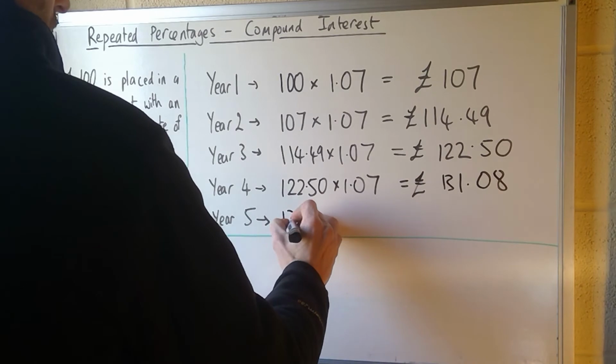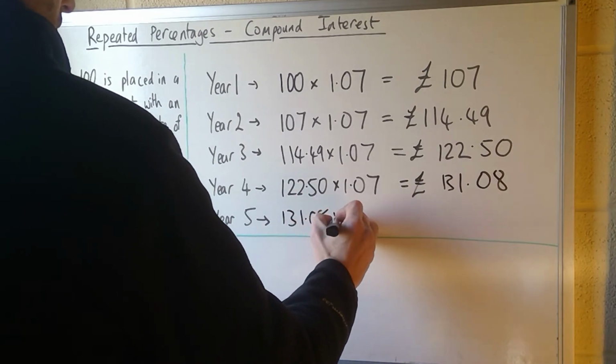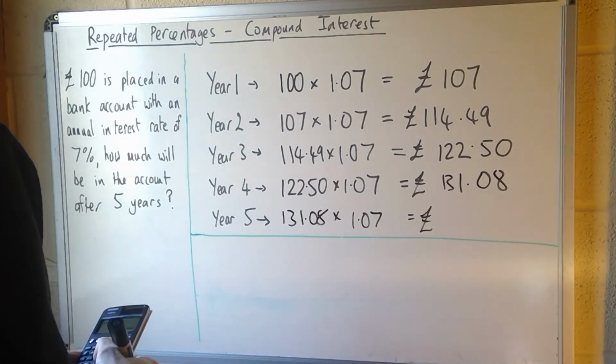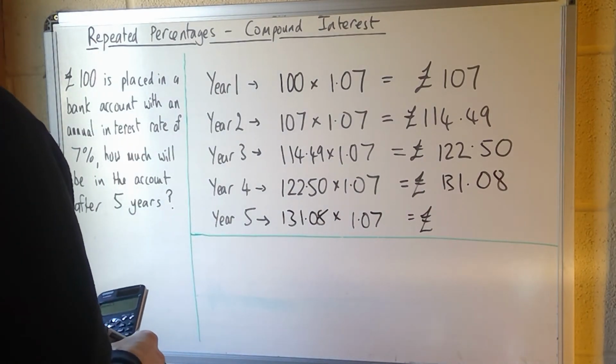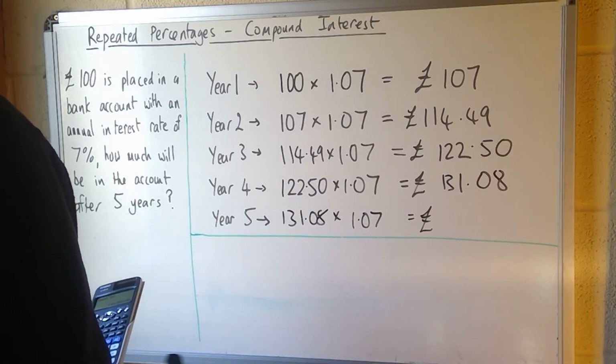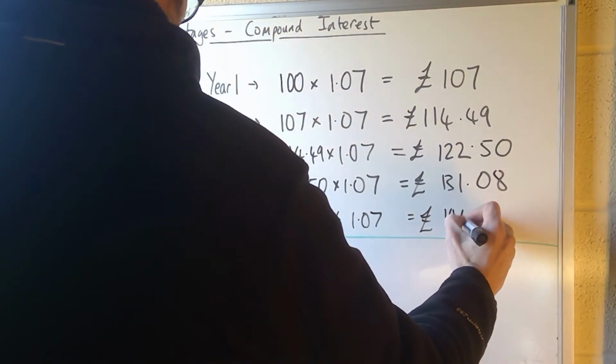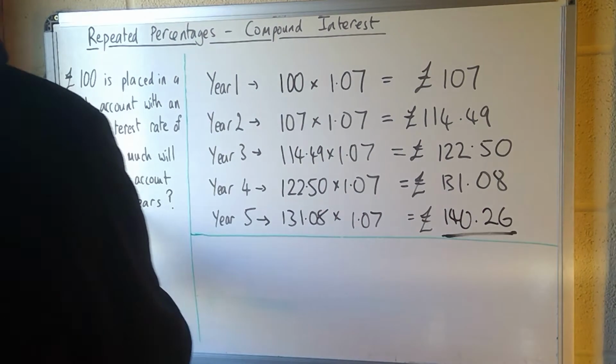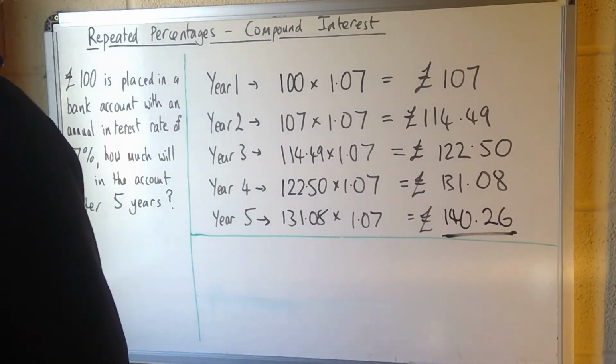Keep that long number on my calculator, and once again multiplied by 1.07, and I end up with £140.26. And that's how much is in the account after 5 years.